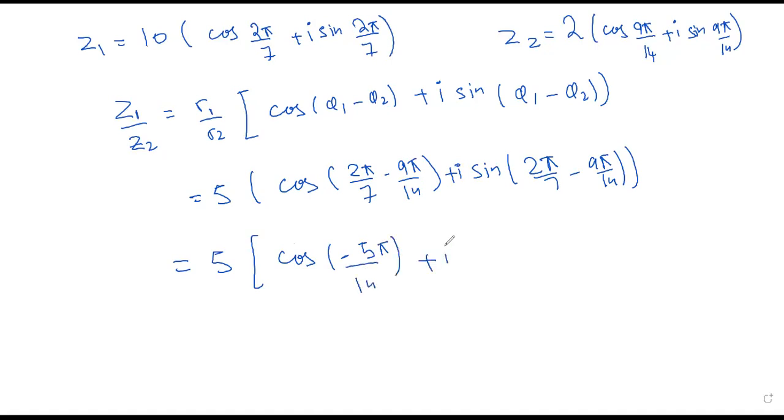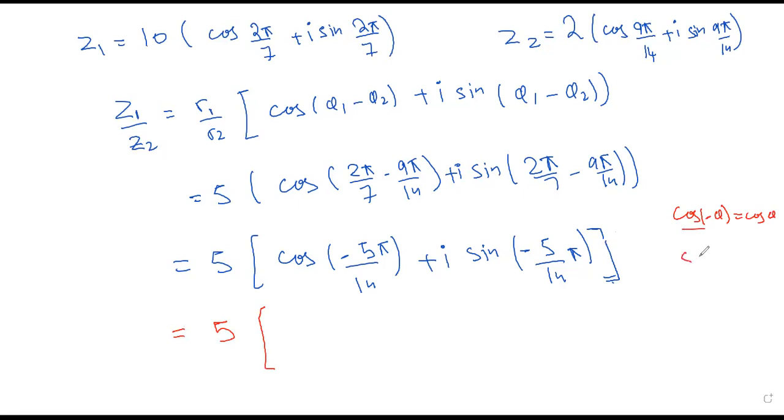So you can rewrite it as 5 times cos of negative 5 by 14 pi plus iota sine of negative 5 by 14 pi. Do you know that cos of minus theta is basically cos theta because cos is symmetric, and sine of minus theta is minus sine theta?